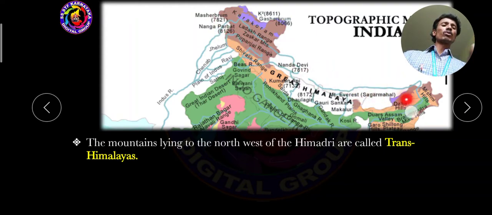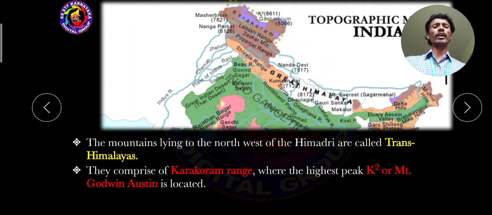These are also called Himadri, then Trans-Himalaya. Write the meaning of Trans-Himalayas: the mountains lying to the northwest of the Himadri are called Trans-Himalayas. Himadri means Himalaya. Then dear students, these consist of the Karakoram range.